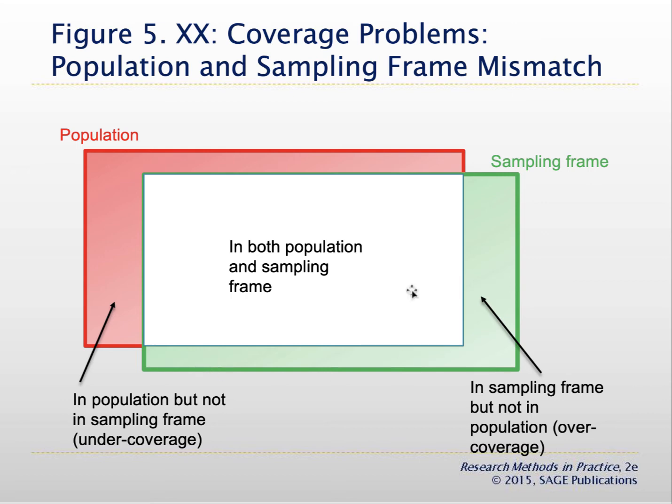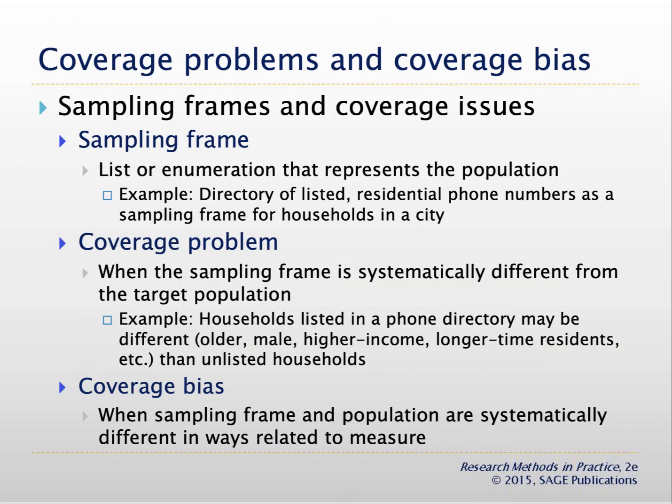That can be overcoverage. So now these kinds of problems, these coverage problems where the sampling frame doesn't match the population, may or may not result in coverage bias.